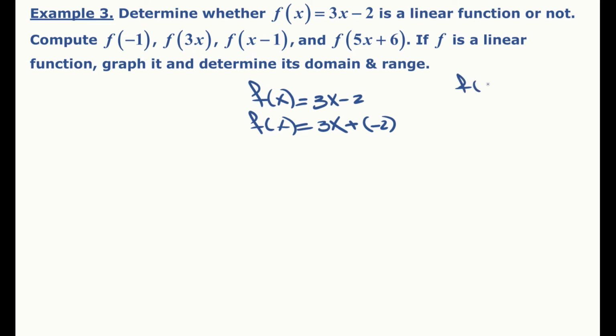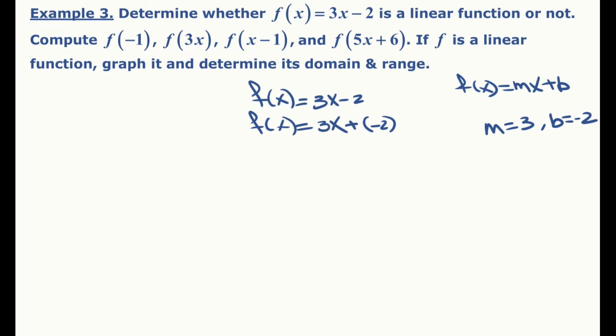So compare that to f of x equals mx plus b. We notice that m here is going to be 3 and b is negative 2. So we have demonstrated that this is indeed a linear function.